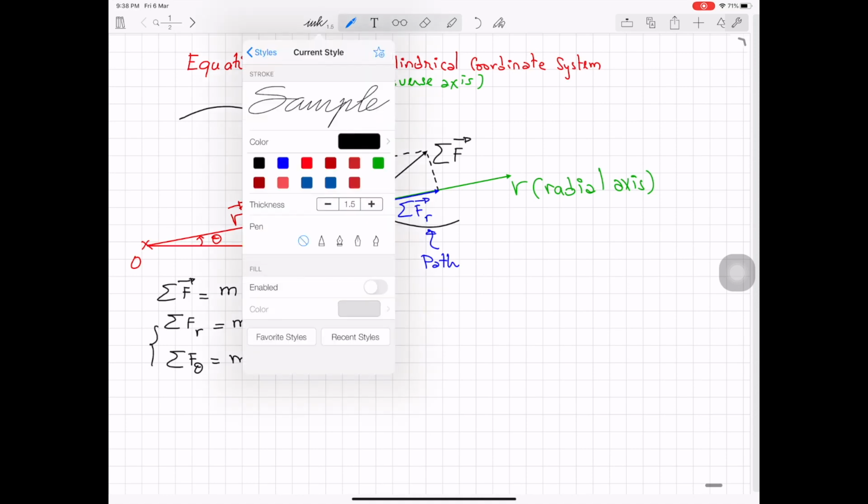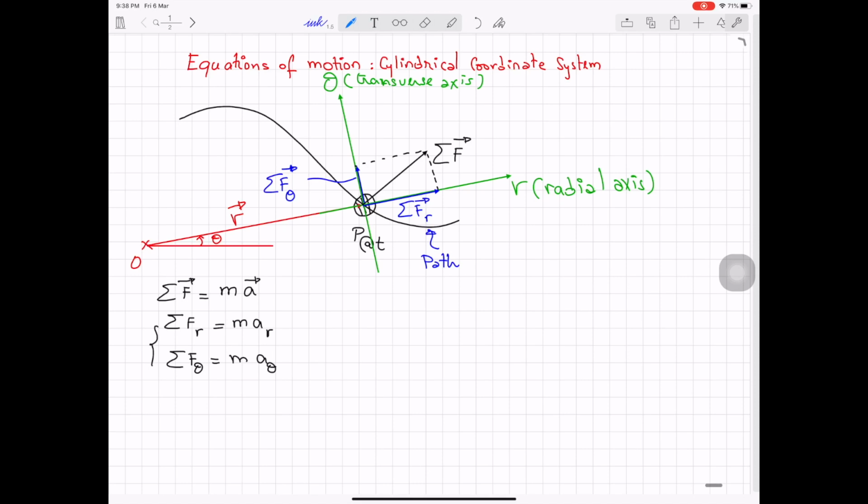If we extend to a cylindrical coordinate system, we add a third equation: the sum of the forces in the z direction is equal to the mass times the acceleration in the z direction.